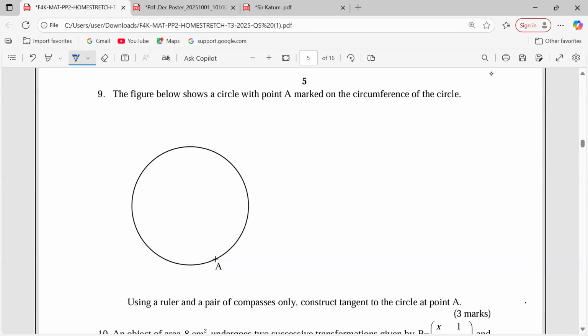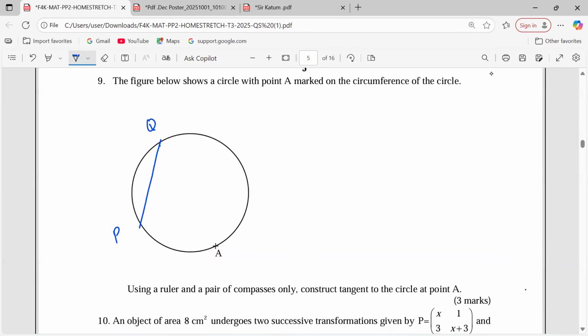So if I come up with a random chord like this, we can even call it PQ. Now, whenever chord PQ is bisected, that bisector will pass through the center of the circle. Therefore, I stand at P, I make an arc, and I also make an arc here.